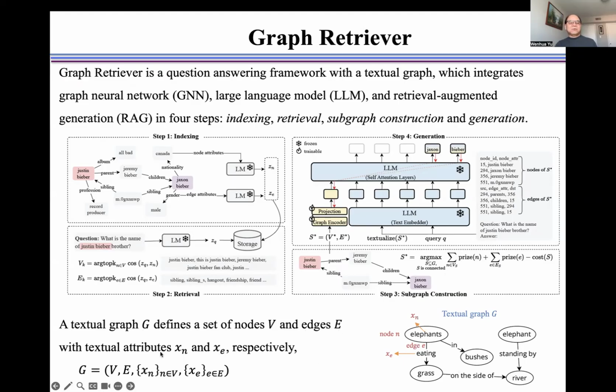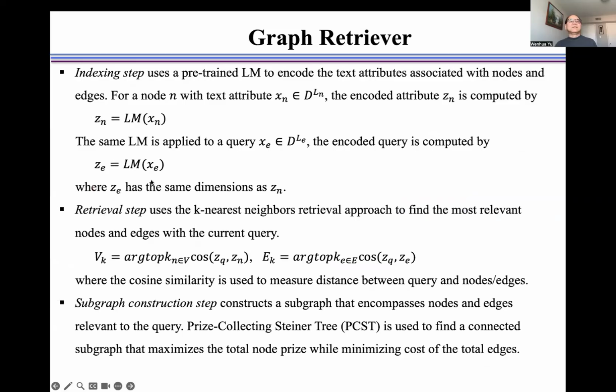with textual attributes xn and xe respectively. The indexing step uses a pre-trained large language model to encode the text attributes associated with the nodes and edges.